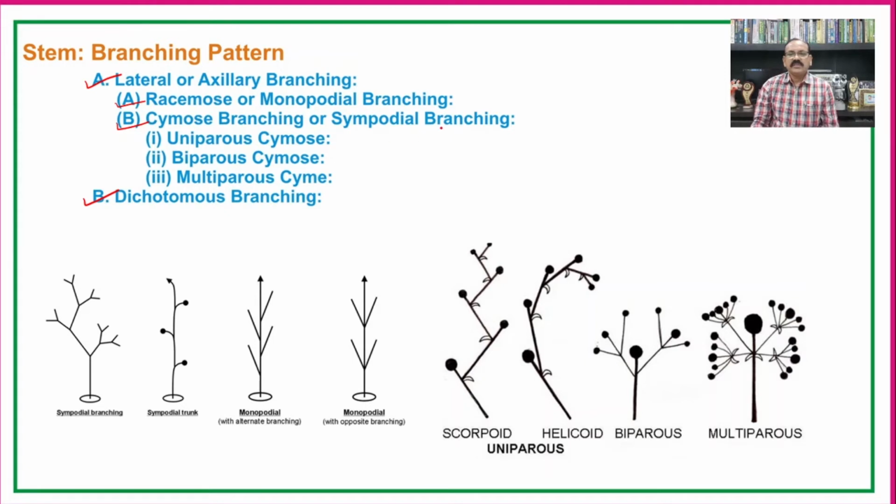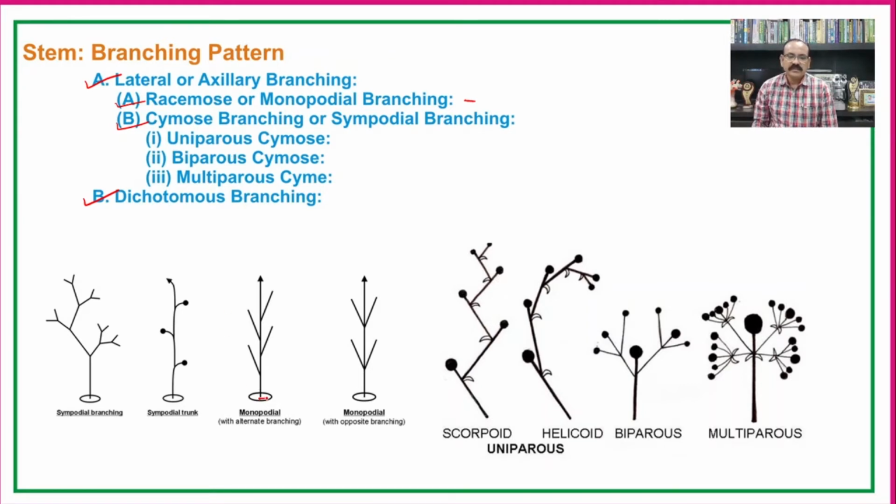In racemose type of branching, very often the apical bud of the plant grows indefinitely, giving rise to a straight stem axis or podium on which the lateral buds grow in acropetal order.